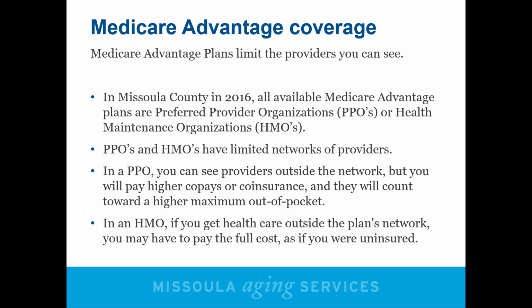And those aren't going towards that $5,000 maximum out of pocket. Maybe they're going towards a $10,000 maximum out of pocket. An HMO is going to have lower premiums than a PPO usually, but it's also usually going to be even more strict than a PPO, because in that HMO, if you step outside the provider network, it's like having no health insurance at all.